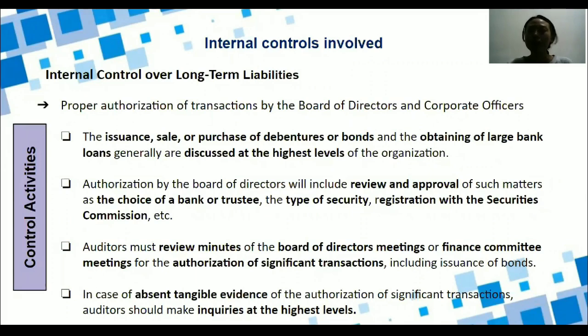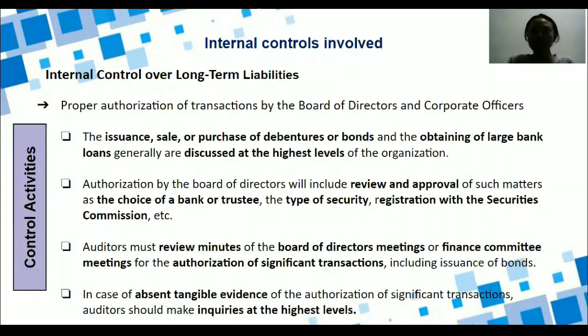And the authorization by the board of directors will include the review and approval of such matters, such as the choice of bank or trustee, which bank to choose, which independent trustee that we will choose, the type of security which the company will issue, and also how the registration will go on.